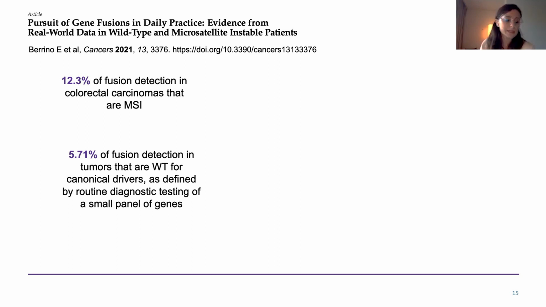And we also performed recently a study in which the topic was really when I should go further with gene fusion testing in general, not just related to NTRK gene fusion, but including NTRK gene fusion. So we provided some real world data.